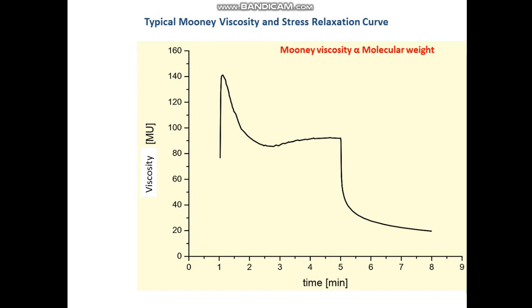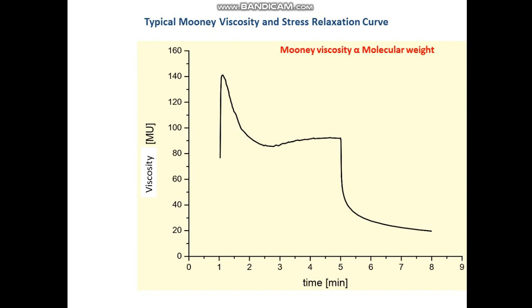You can see the typical Mooney viscosity and stress relaxation curve here. The y-axis of this curve gives the viscosity of the rubber in Mooney units. Actually speaking, the Mooney viscosity is measured in arbitrary values, meaning those values don't have an SI unit, but we measure these values in Mooney units.